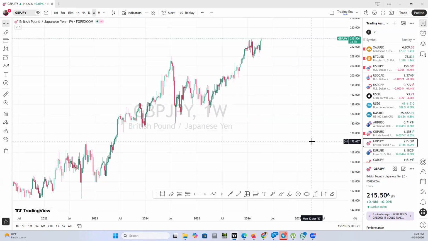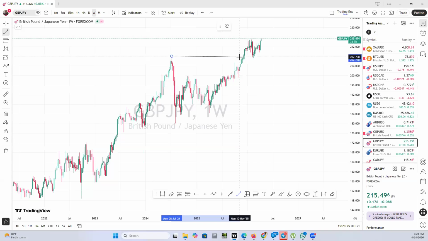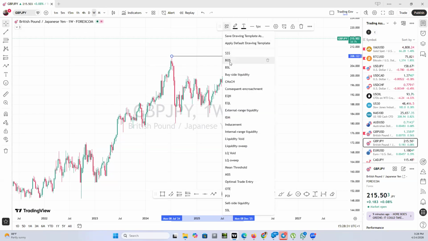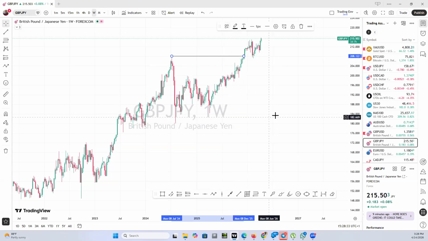So on JPY, as you can see here, from a weekly time frame, we have this market clear this buy side liquidity, which we can consider as a break of structure.